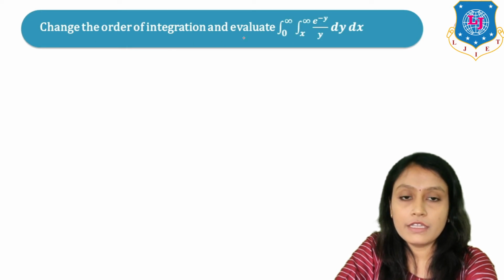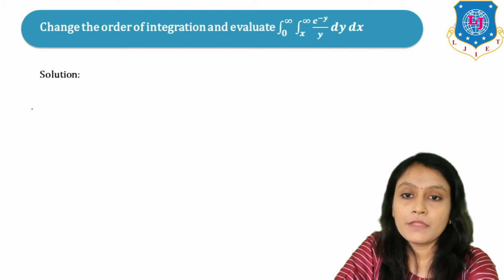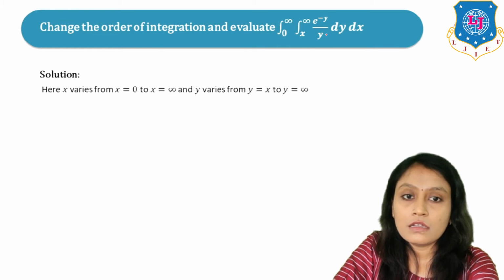Change the order of integration and evaluate the integral from 0 to infinity, x to infinity, of e raised to minus y upon y, dy dx. So let's begin with the solution. Here we have x to infinity, so it is the limit of y.